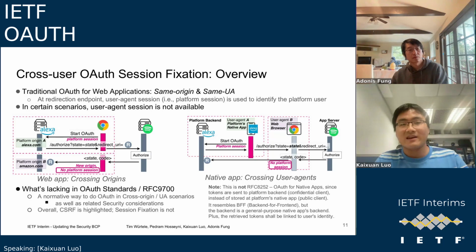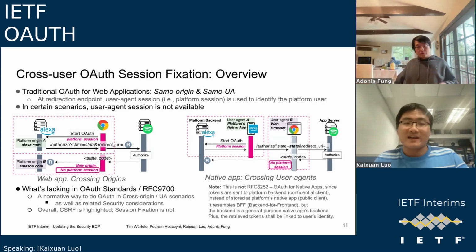It's usually deployed in a single domain, in the same single user agent. It's a single domain or single origin because the place where the platform or application maintains its user session is the same origin where the OAuth client is hosted. And the OAuth flow is all done in the same user agent, the web browser.